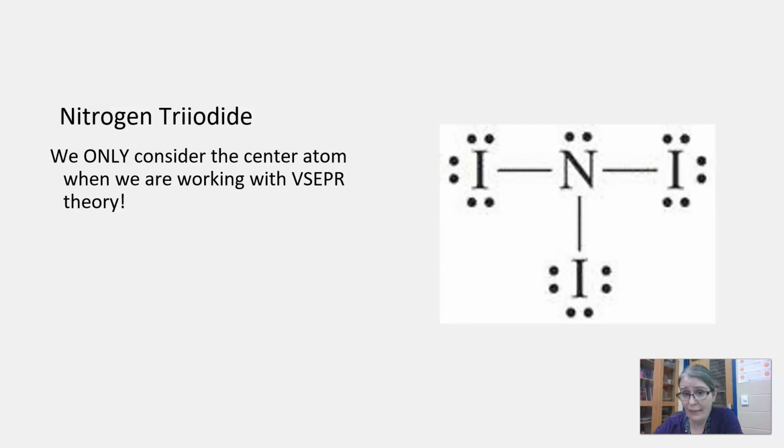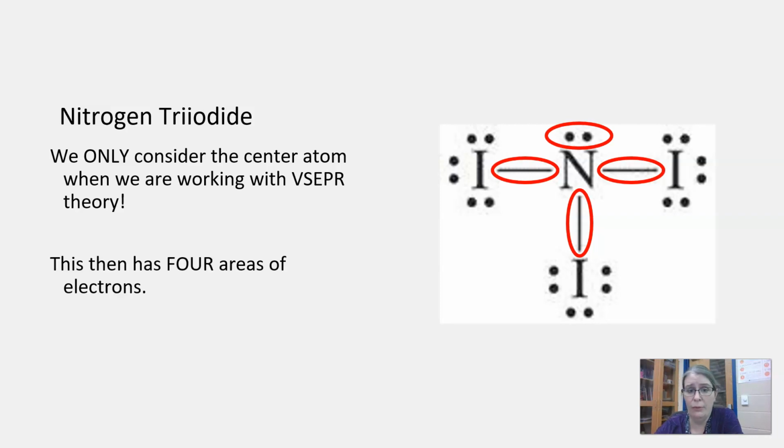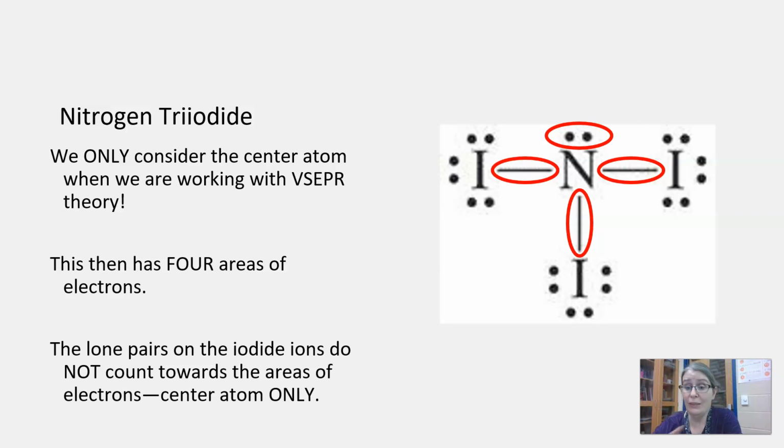What's around the iodine atoms is not what I'm looking at, just the nitrogen. If I count, that bond counts, that bond counts, that bond counts, the lone pair counts. So that actually has 4 areas of electrons. One thing to remember is that lone pairs on outside atoms do not count towards the number of areas of electrons. You're only considering what's on the center atom.